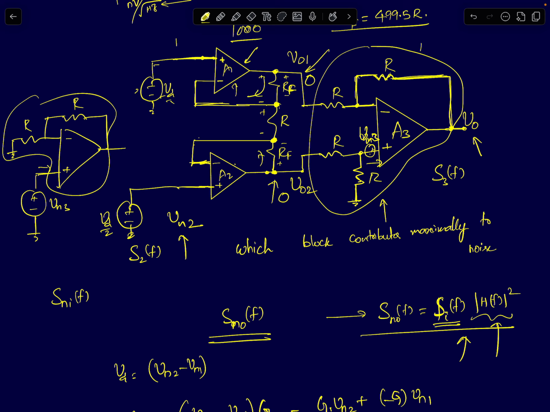In fact, the resistor RF will be of much larger magnitude, and therefore we will see that the noise of RF will contribute significantly to the output noise. Even the noise of this resistor will also matter. You can't ignore the noise of this resistor.